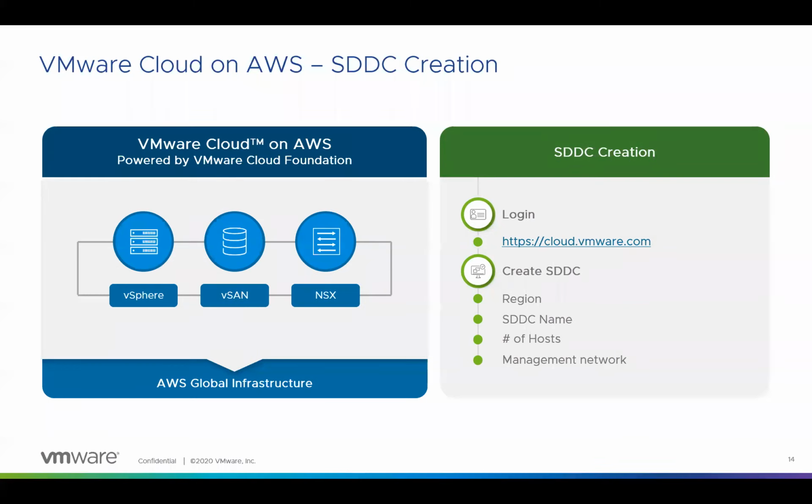As we discussed earlier, please decide your management network size depending on how big your SDDC growth requirements are. You also have a choice to connect to the AWS native VPC during the SDDC creation. That means you need to have AWS native VPC access so that you can establish the connectivity.